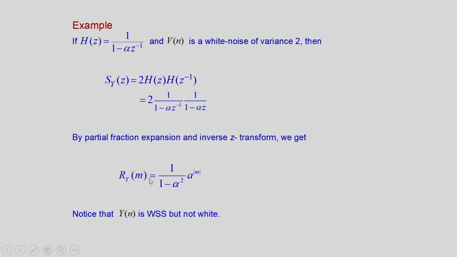Ry[m] is equal to 1 by 1 minus alpha square into alpha to the power mod of m.